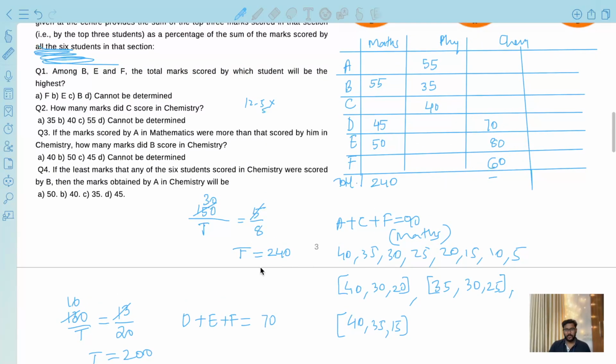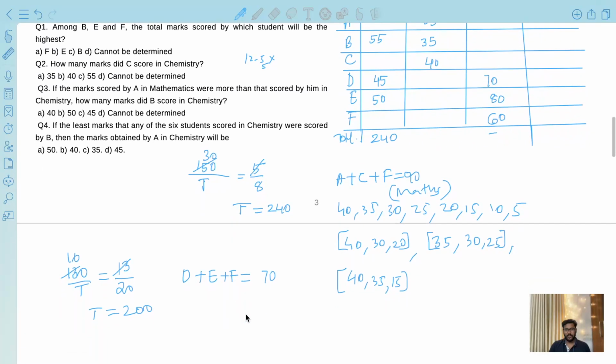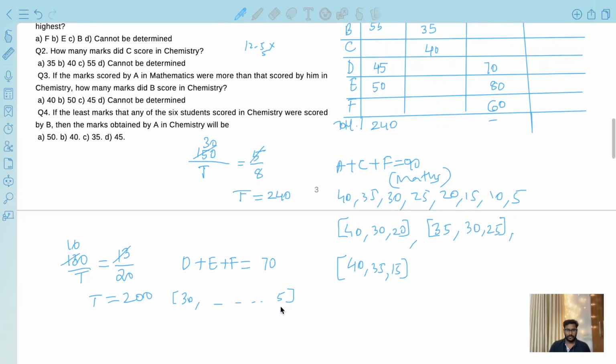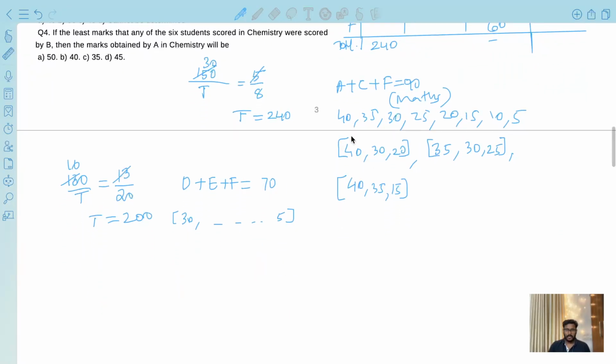You can use below 35, 30, 5. 30, 25, 20, 15, 70, 30, 55.